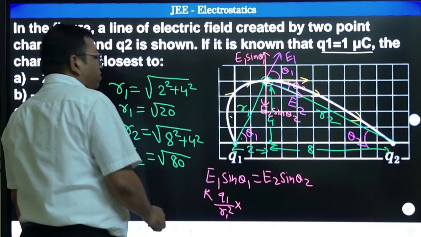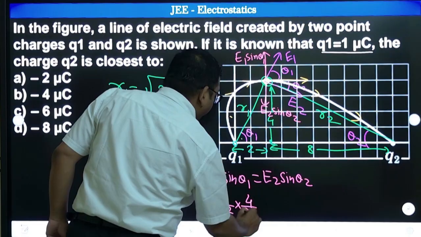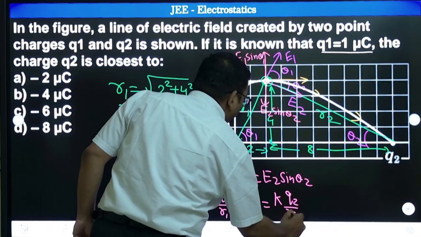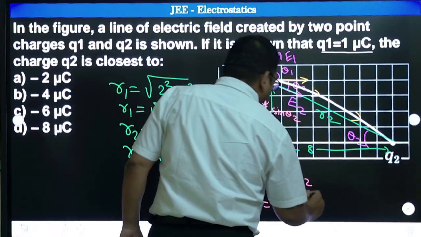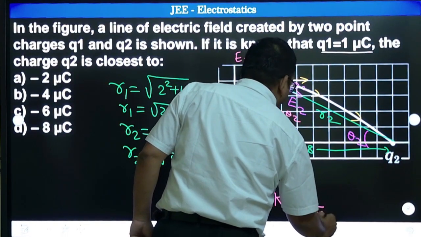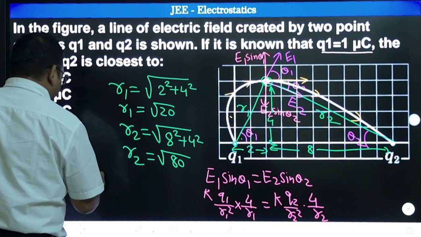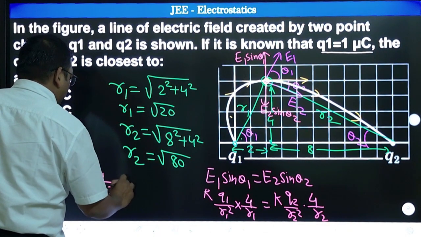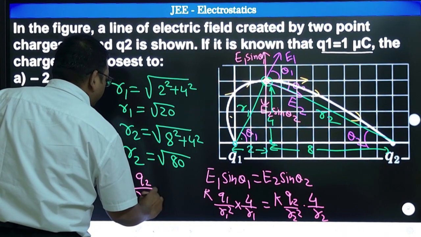And what will sine theta 1 be? Perpendicular by hypotenuse, so 4 by r1. Similarly here kq2 by r2 squared, and sine theta 2 is perpendicular by hypotenuse, so 4 by r2. So from here we get q1 by r1 cubed is equal to q2 by r2 cubed.